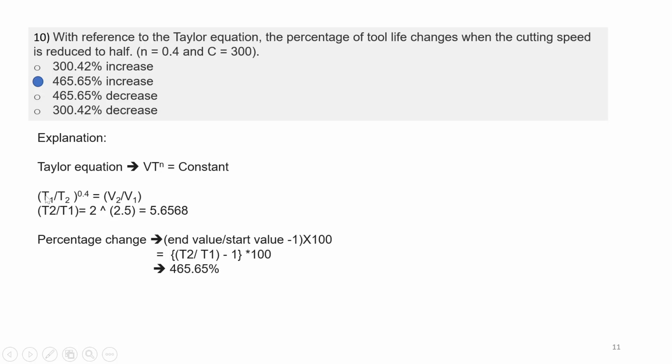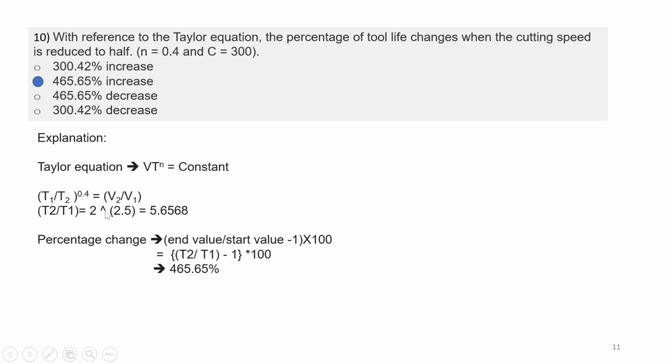For the equation you can write V1 upon V2 equals T2 upon T1 to the power n, where n is 0.4. After that you can calculate T2 upon T1, which will be 2 to the power 1 by 0.4, because the 0.4 power goes as 1 by 0.4 on the velocity side.